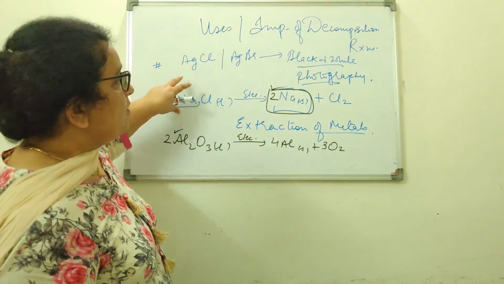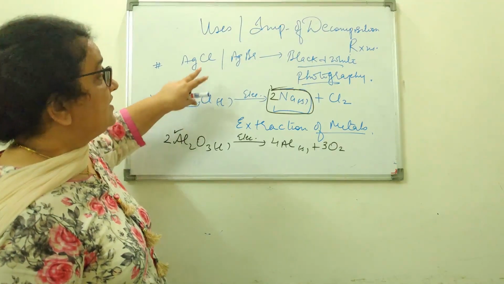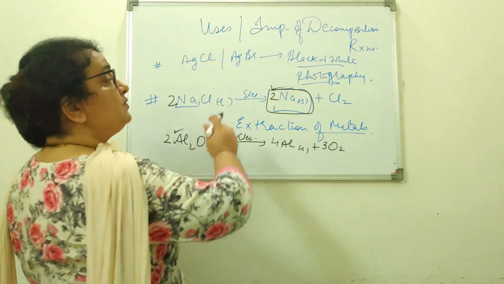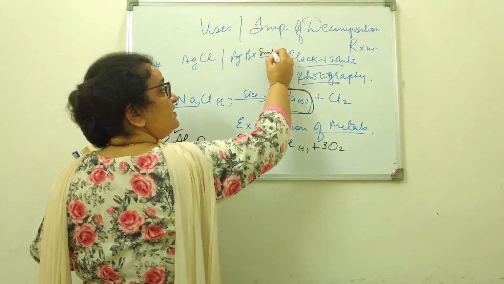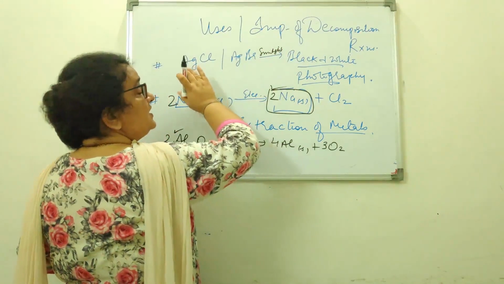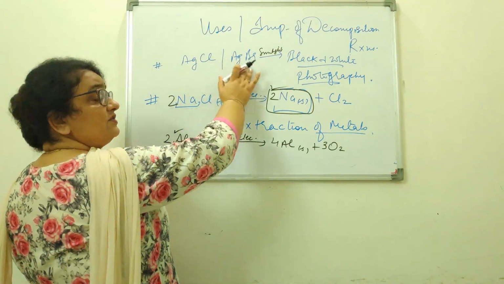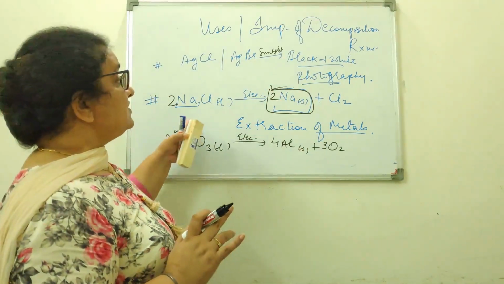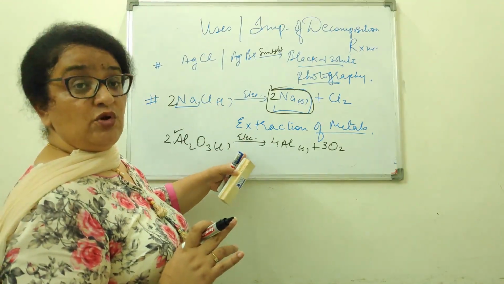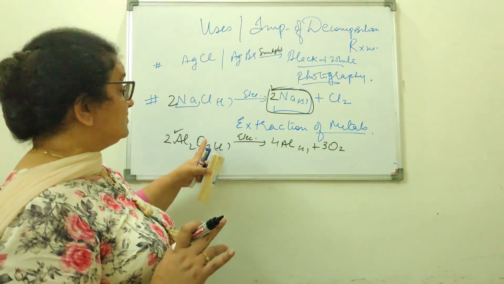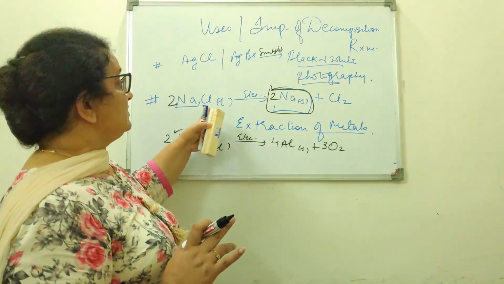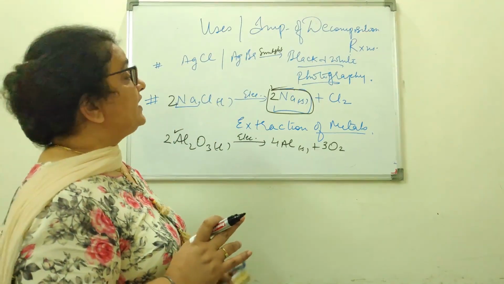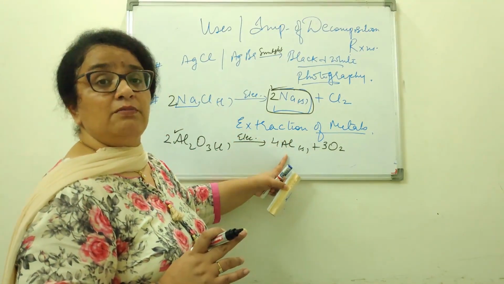So decomposition reactions: that is photolytic decomposition, that is in the presence of sunlight or any other light, of silver chloride or silver bromide used in black and white photography, and electrolytic decomposition of molten salts of oxides of aluminium and of chloride of sodium. You get the corresponding metals.